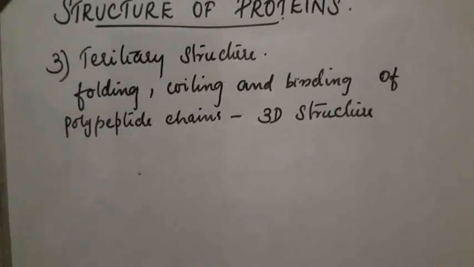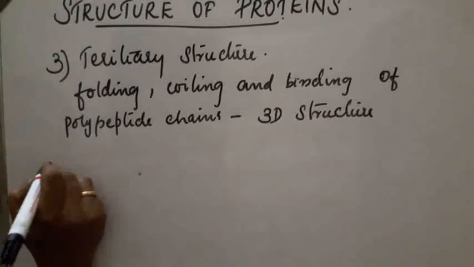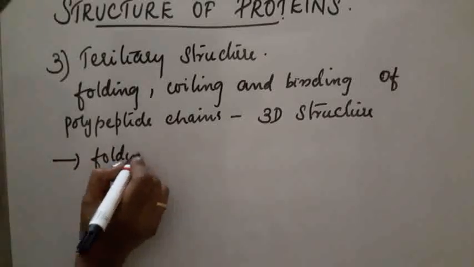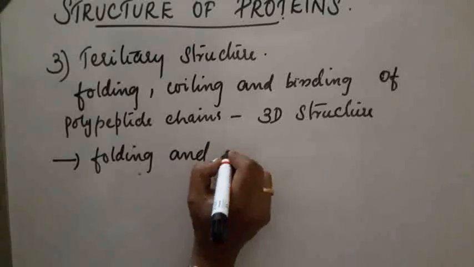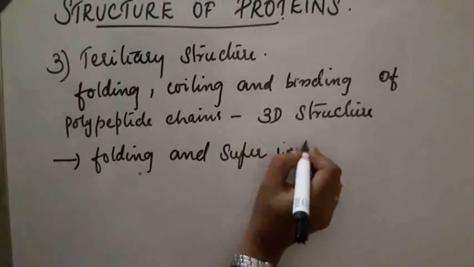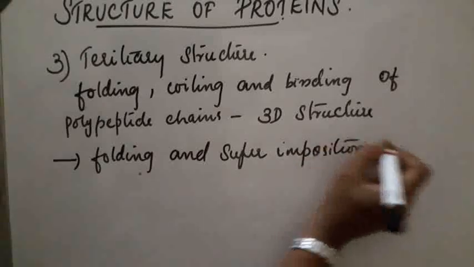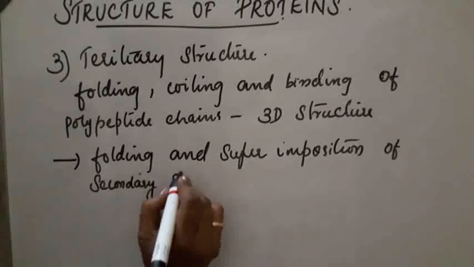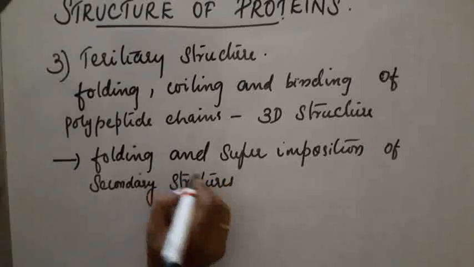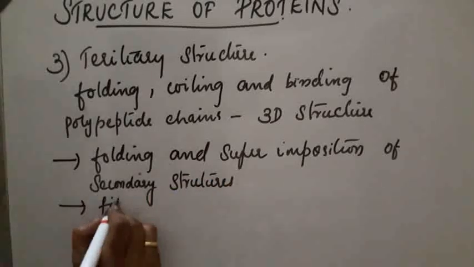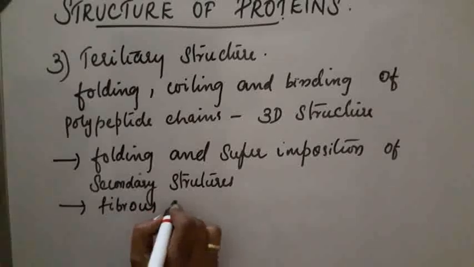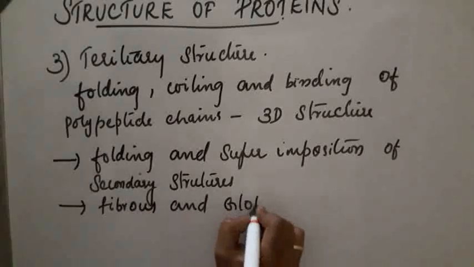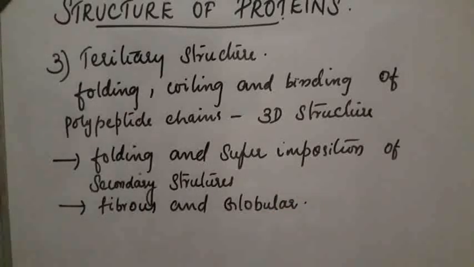This gives the overall shape of the proteins. It is obtained by folding and superimposition of secondary structure. It gives two important structures we already discussed, that is fibrous structure and globular structure. These are the two structures obtained in the case of tertiary structure, the three-dimensional structure.